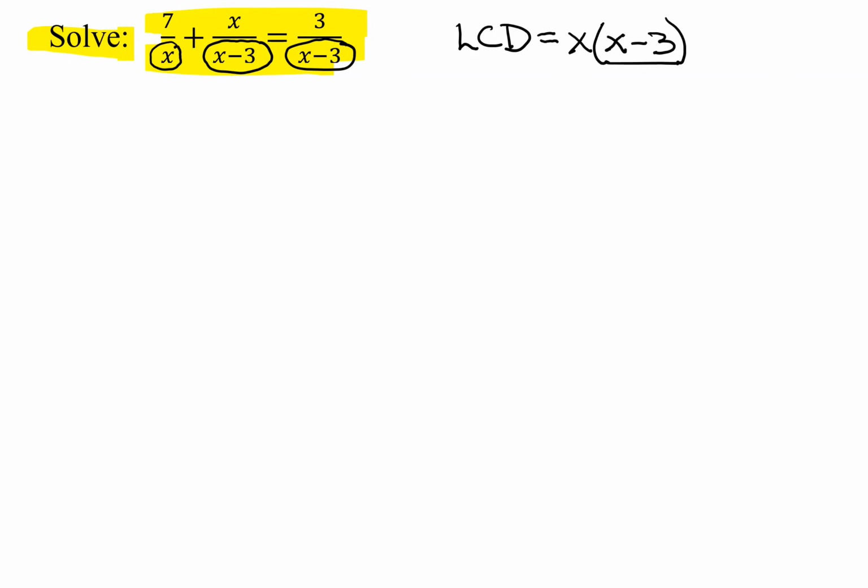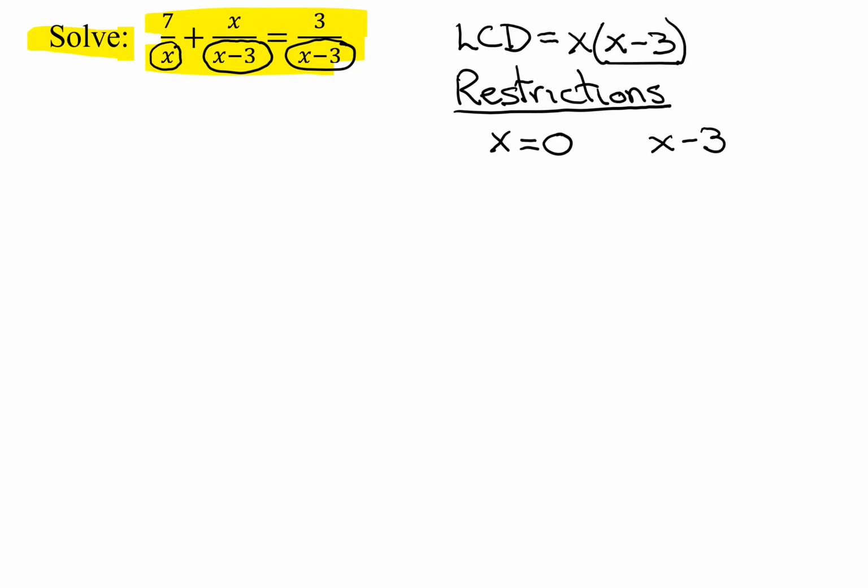And before we're finished with this, we need to think about our restrictions. Remember, we can never divide by 0. So we take our LCD and we set every term in there equal to 0. So x equals 0, x minus 3 equals 0, so x equals 3.